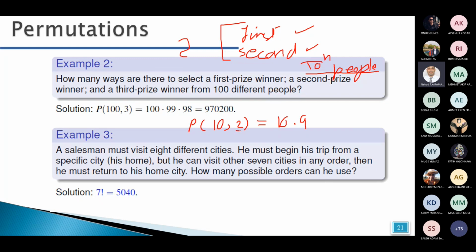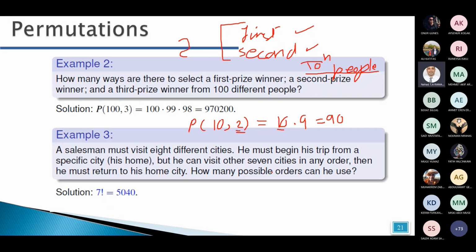Because we have 2 terms. So 10 multiplied by 10 minus 1, which is 9. So 10 multiplied by 9 is equal to 90. So we have 90 ways to select first and second prize winner out of 10.